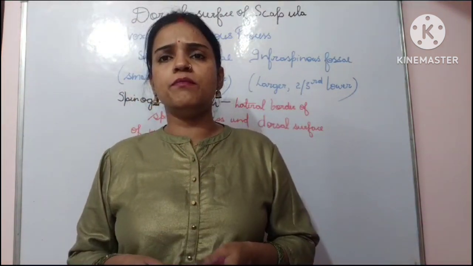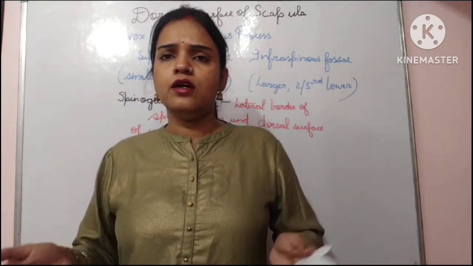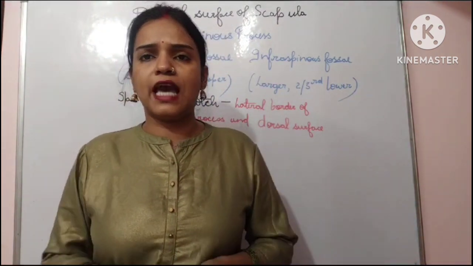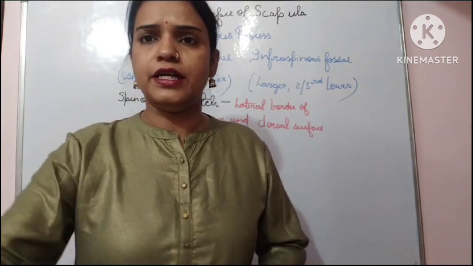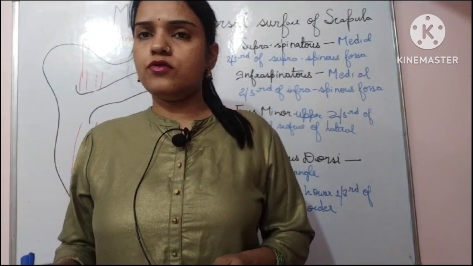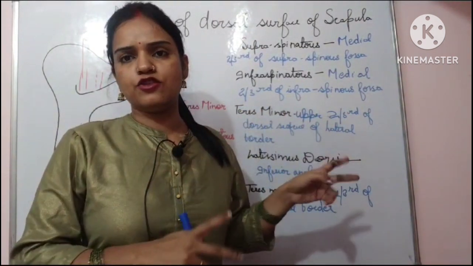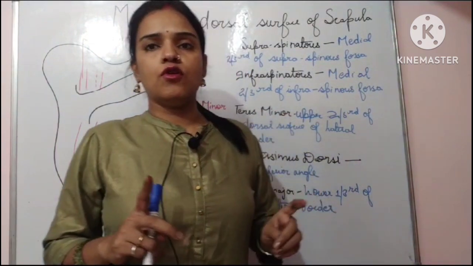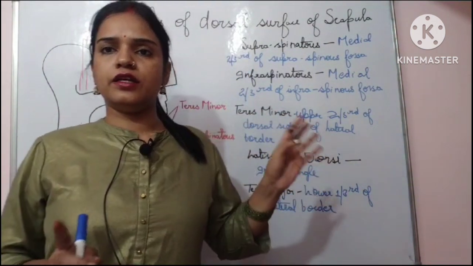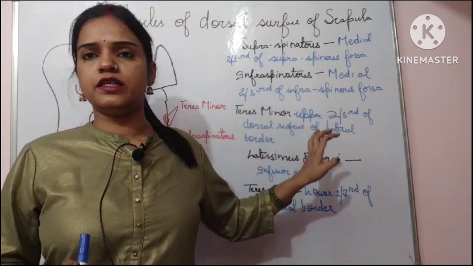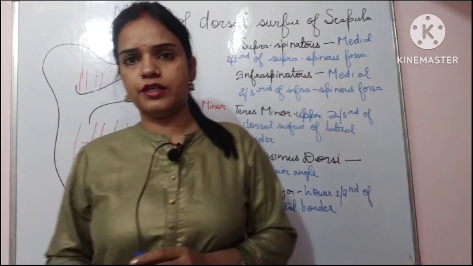Next we have to see the major muscle attachments on the dorsal surface of the scapula. Five major muscle attachments are there: supraspinatus, infraspinatus, teres minor, teres major and latissimus dorsi.